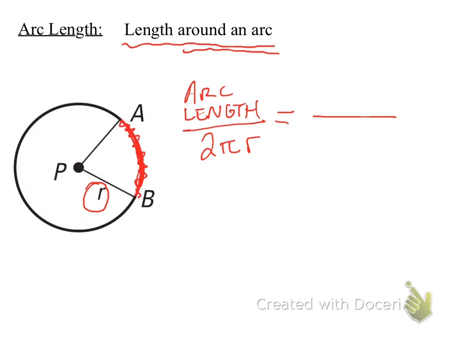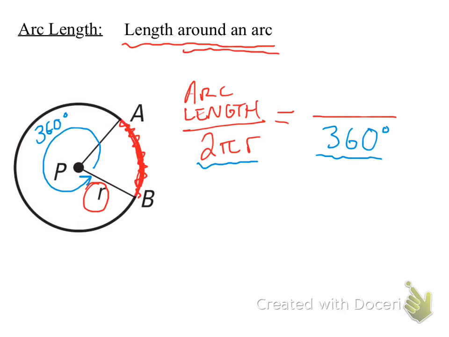When we have 2 pi r, we have a full circle. A full circle has 360 degrees. 2 pi r is the total distance around the circle, and 360 degrees is the total number of degrees in this circle. All the way around is going to be 360 degrees.